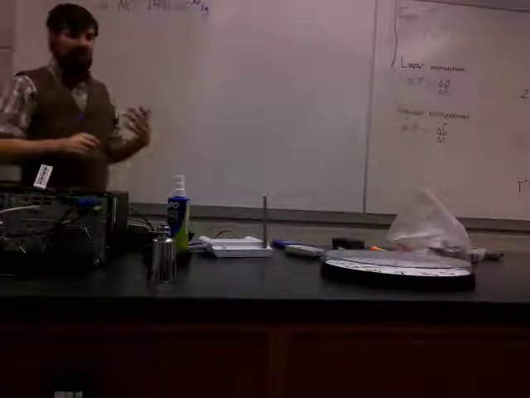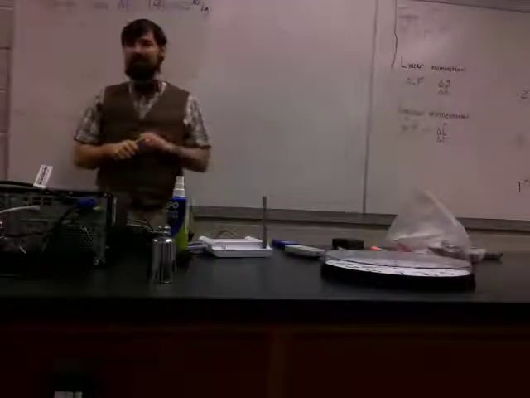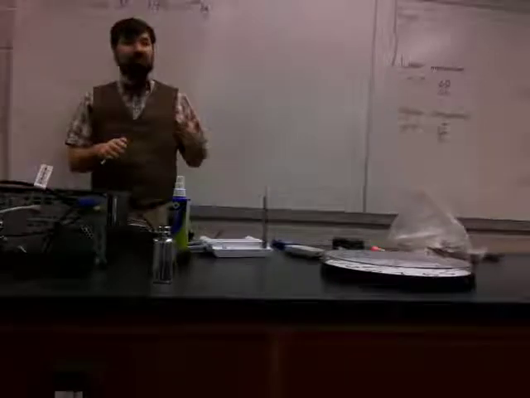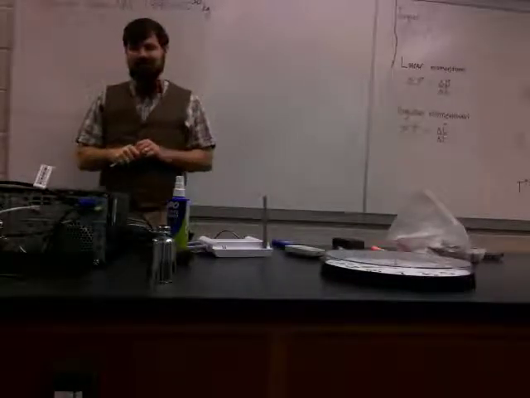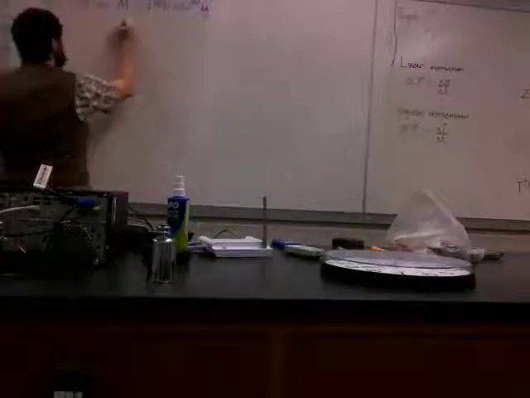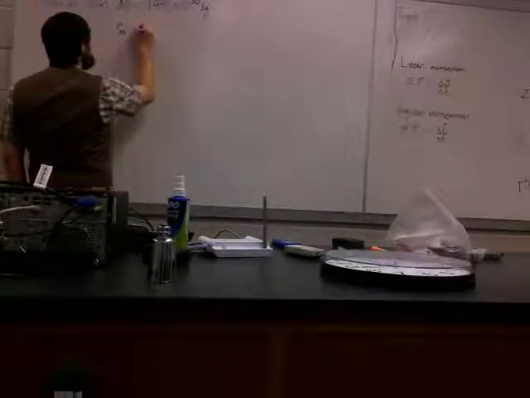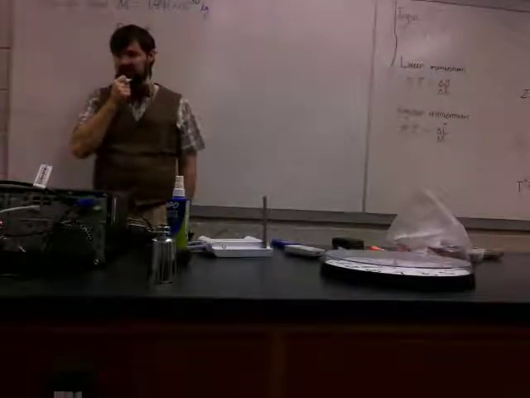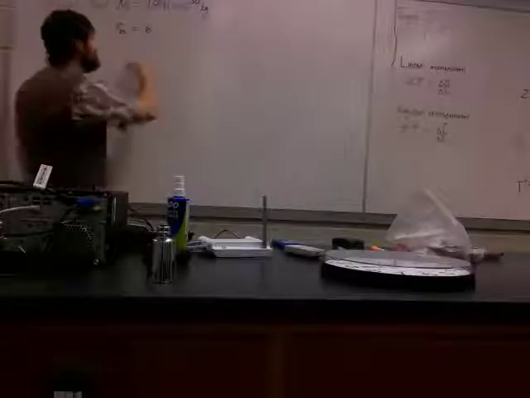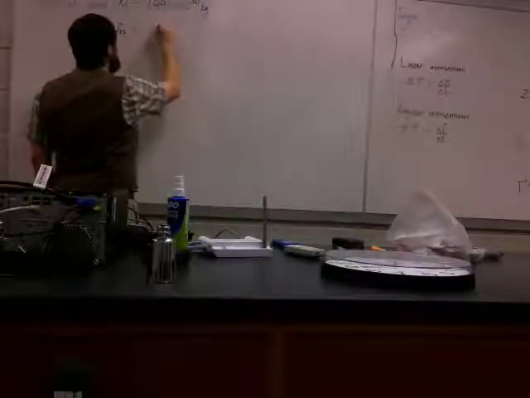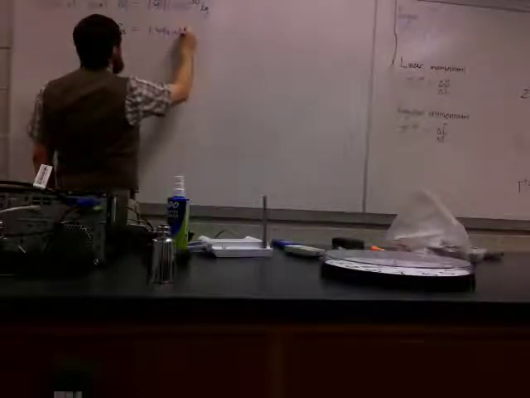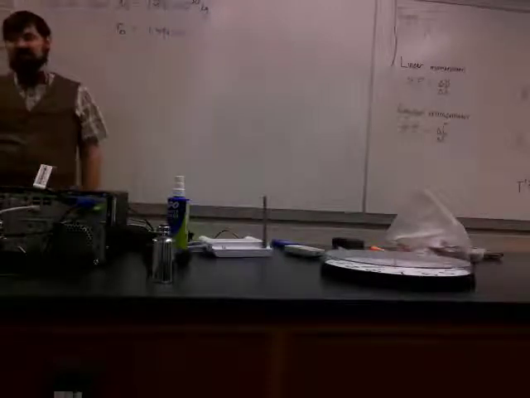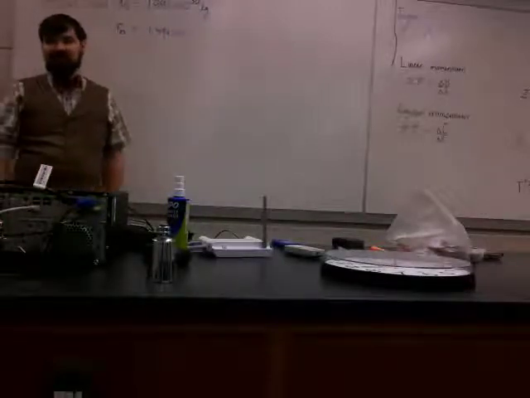All right. Now the Earth orbits around the sun. It's an elliptical orbit, but there is some such thing as a mean radius for the orbit. The mean radius for the Earth's orbit is 1.496 times 10 to the 11 meters.